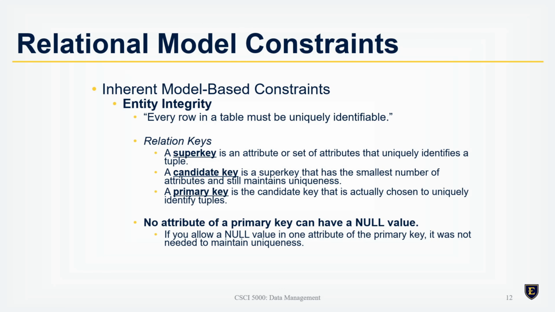The one that we choose is the primary key. We might choose roll number because that's a simpler number to have. Registration number might be a little more complex.